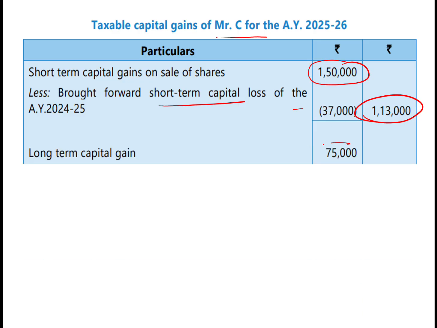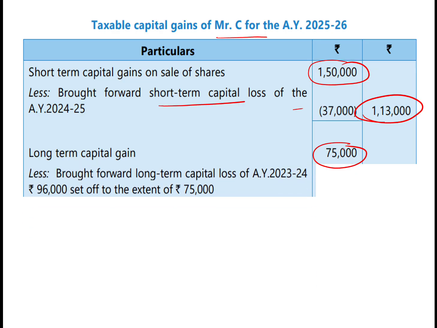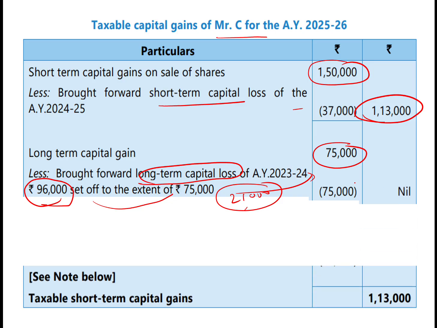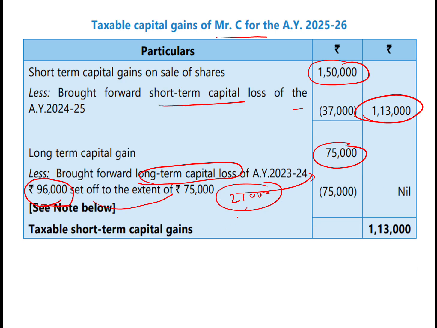Next, we have long term capital gain of 75,000. We can set off this with brought forward long term capital loss of 96,000. Out of 96,000, we can utilize 75,000, and the remaining 21,000 we can carry forward. So this is nil. So taxable short term capital gain is 1,13,000.